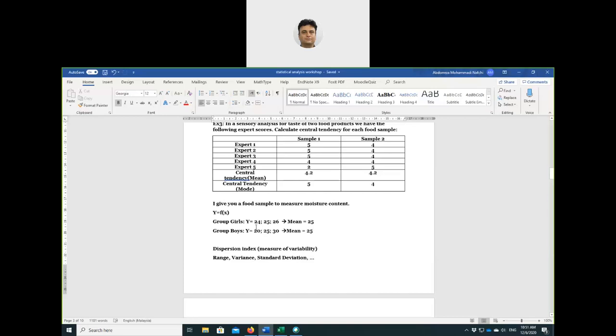They report 25 and this one 25. This data is 24, 25, 26. This data is 20, 25, and 30. Is it fair that I report 25 alone as the representative of the data? Please reply in the chat box: is it fair or not that I report just 25 for this one and 25 for this one?